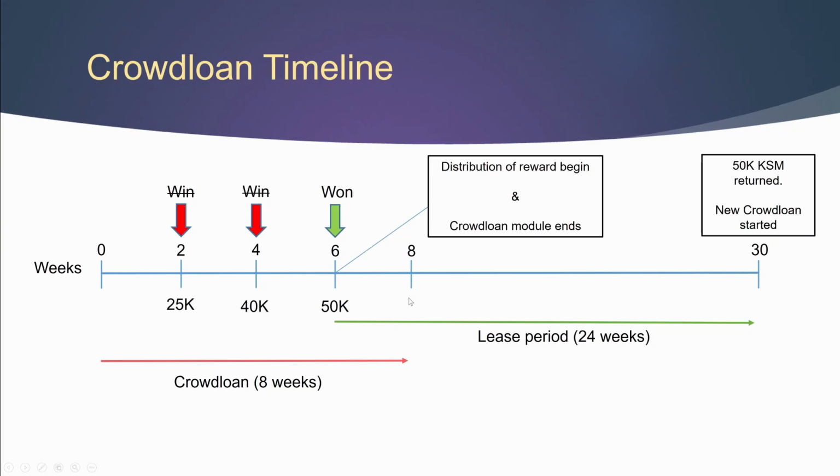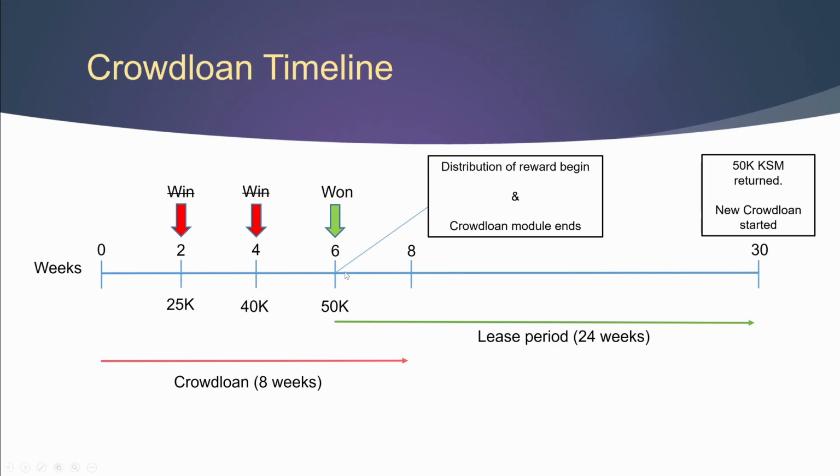So someone contributing at the beginning at week 0, their funds would be locked up all the way for 30 weeks. And at this point in time, all of the 50,000 KSM is returned and the project has the option to start a new crowdloan.